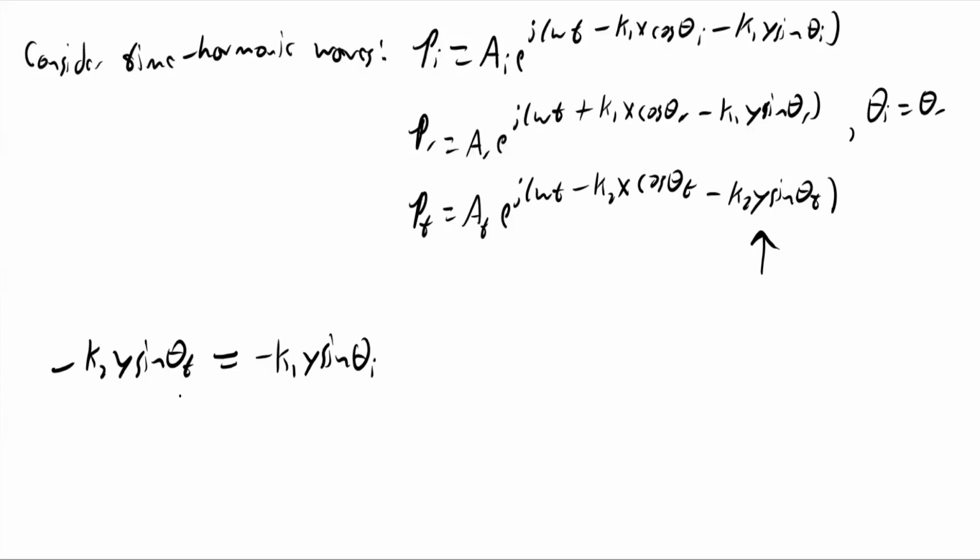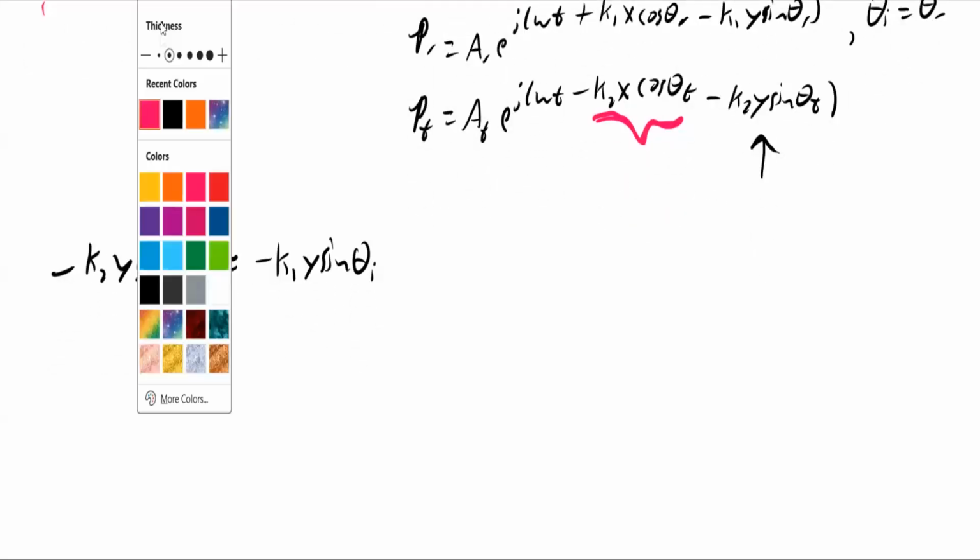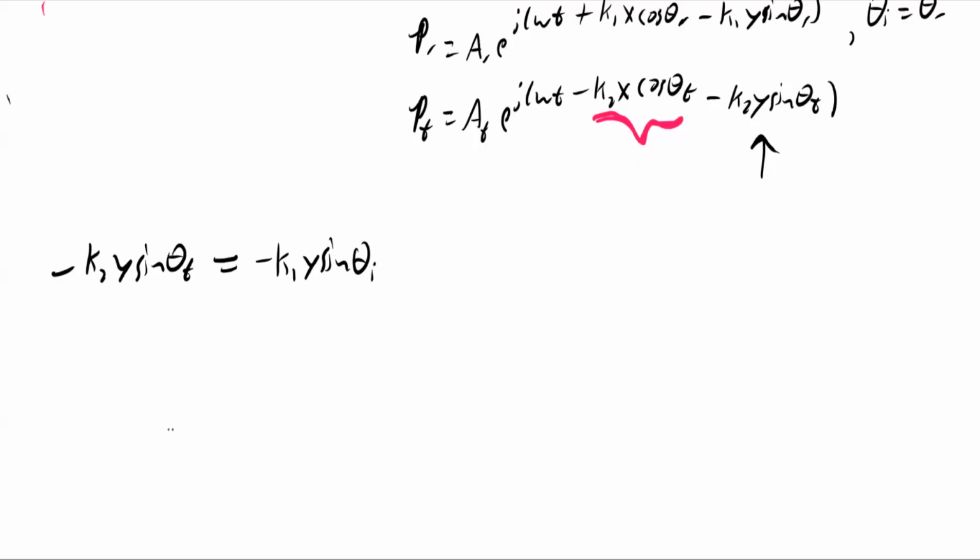But take note of this portion of the transmitted wave. Cosine theta t is equal to, from the Pythagorean identity, sine squared plus cosine squared is equal to 1.